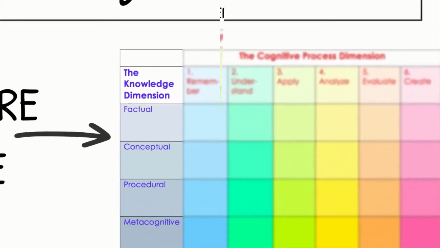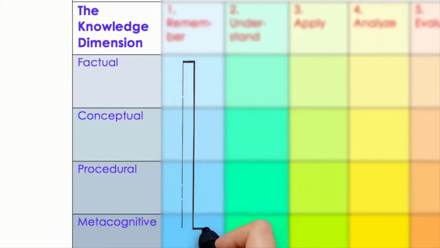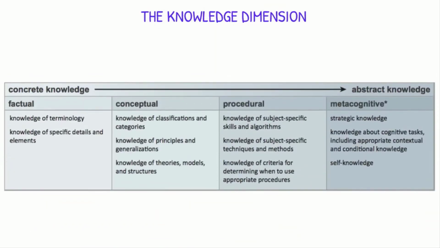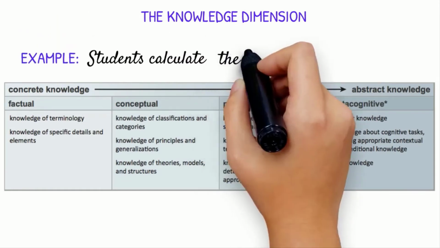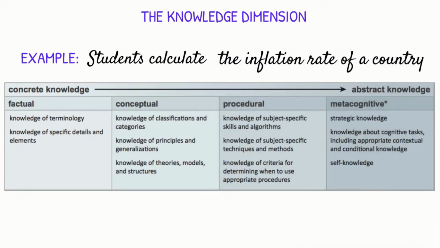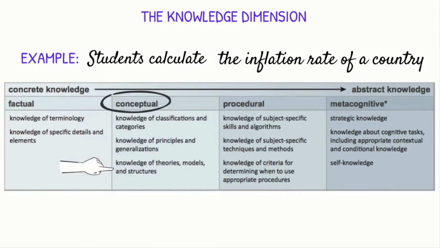There are 4 knowledge categories ranging from concrete as factual knowledge to abstract as metacognitive knowledge. You may as well pause here and have a look at the different categories of knowledge and think about where to classify the content of our example. As the inflation rate stands for knowledge of theories, models and structures, the learning goal represents conceptual knowledge.